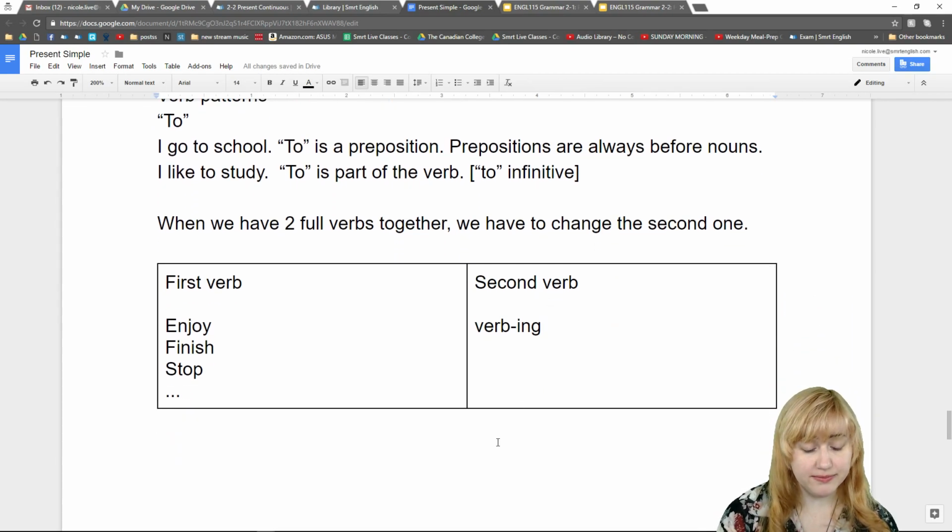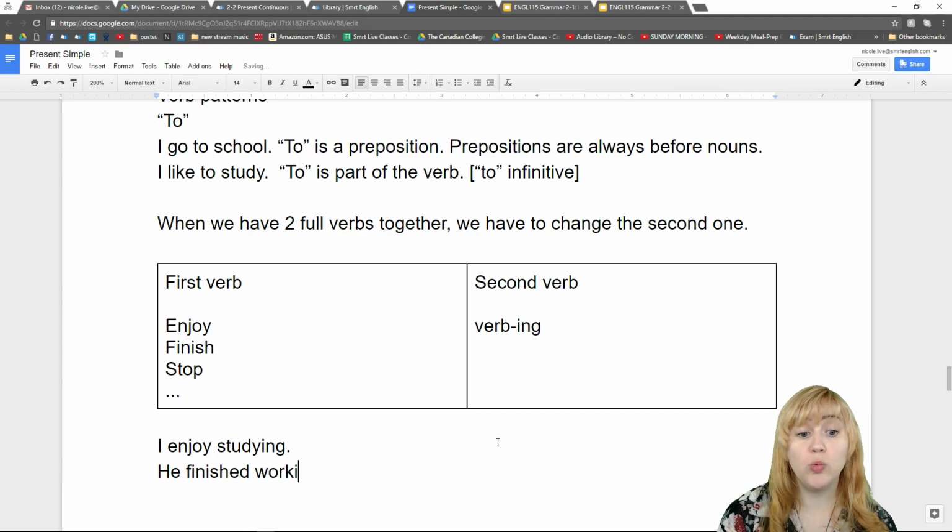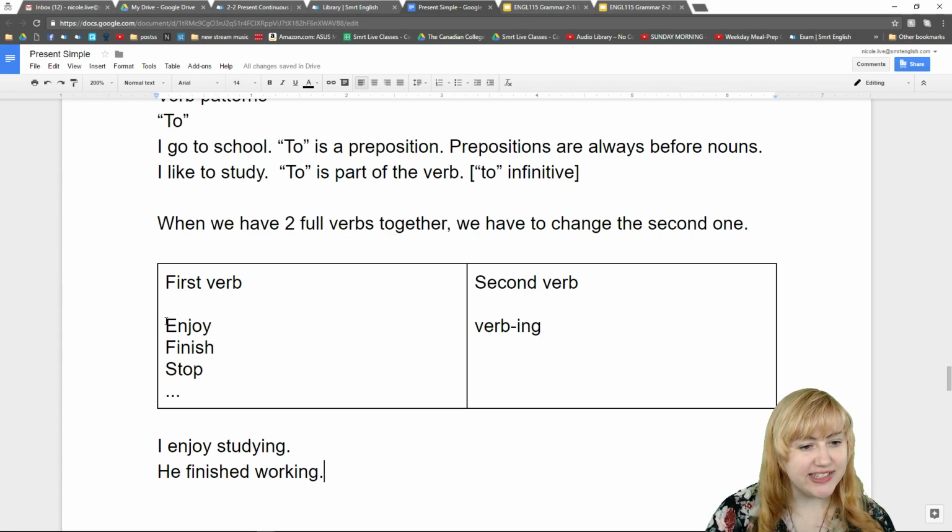So for example, I enjoy studying, or he finished working. So what happens is you have to look at the first verb. If your first verb is one of these, then your second verb, we have to change to verb ing.